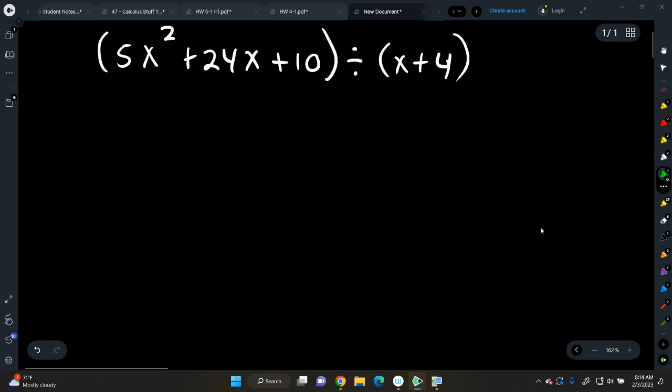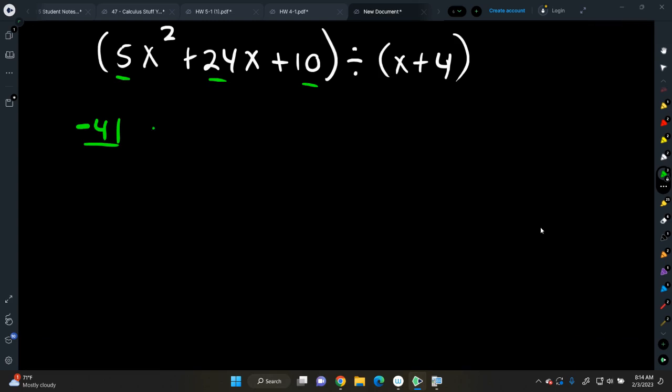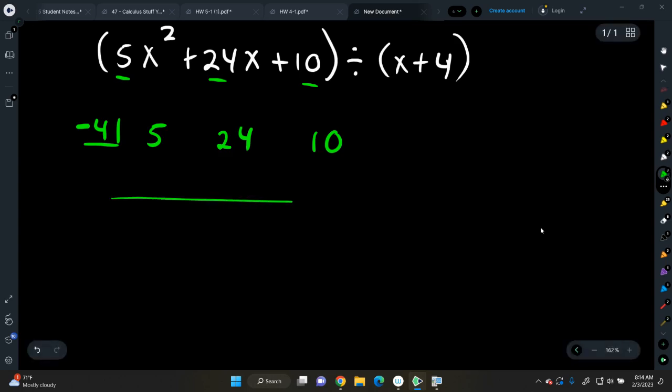You take the 4 and change it to a -4. Yeah, we make it a -4. We put the -4 in the little corner. Okay. And then we're going to write down the coefficients. Coefficients are the numbers next to the variables. So we have 5, 24, 10. Those are our coefficients. Okay, and then we're going to draw a line across.